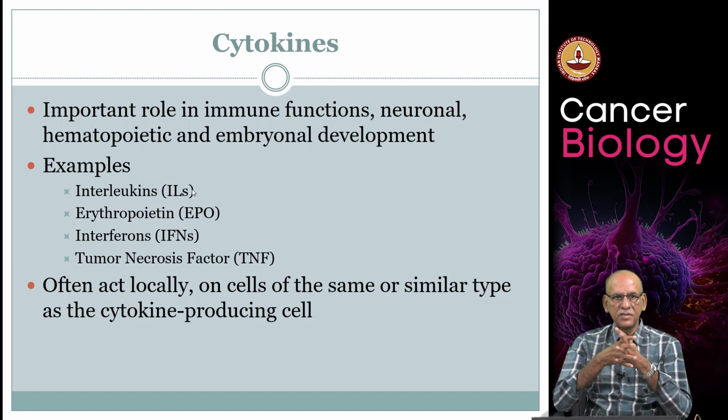Some of the cytokines include the interleukins, erythropoietin, interferon, and the very important one, tumor necrosis factor. These are some of the important ones. Later on, I will talk about tumor necrosis factor in connection with apoptosis also. It can induce apoptosis. So, that pathway we will discuss afterwards.